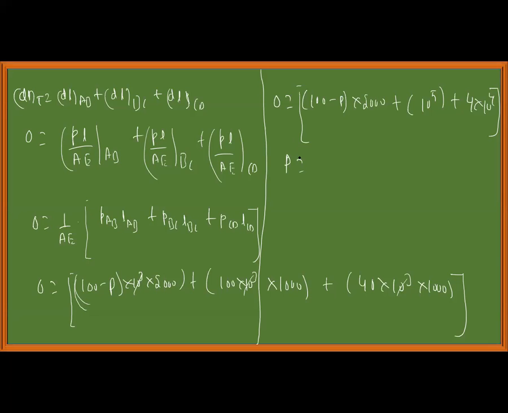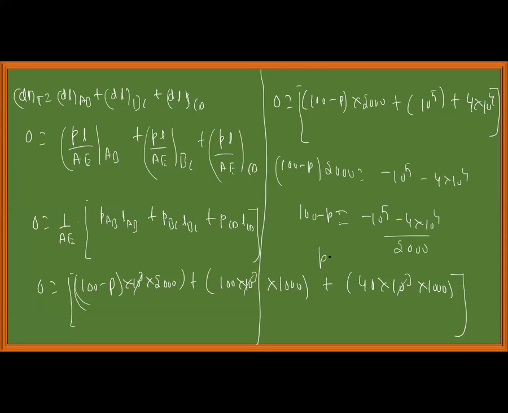P is equal to, you can simplify further. If you want, you can simplify. Let me show you that. 100 minus P into 2000 is equal to minus 10 power 5 minus 4 into 10 power 4, or 100 minus P is equal to minus 10 power 5 minus 4 into 10 power 4, divided by 2000.